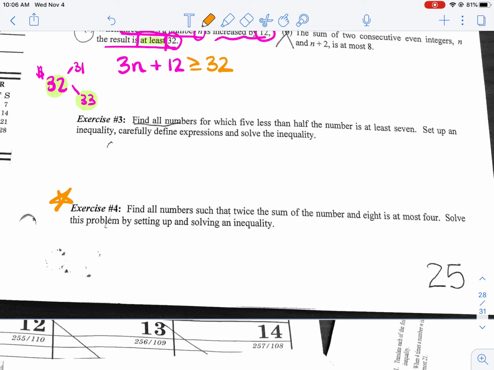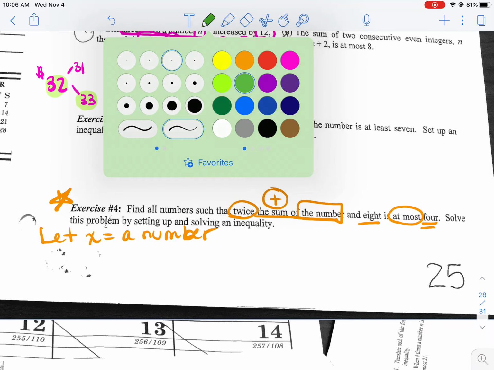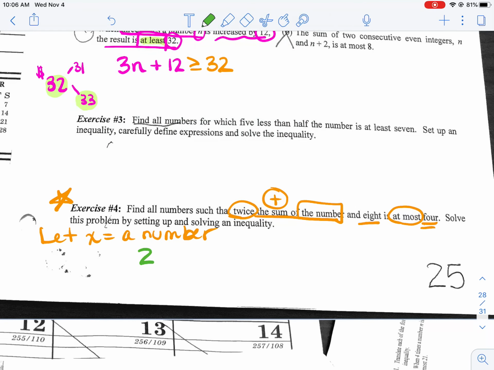Find all the numbers such that twice the sum of the number and 8 is at most 4. Sum is adding. Now, we don't have a variable, so we have to start off by saying let x equal a number. Remember, you could use any letter you want. So we have twice the sum of a number and 8.